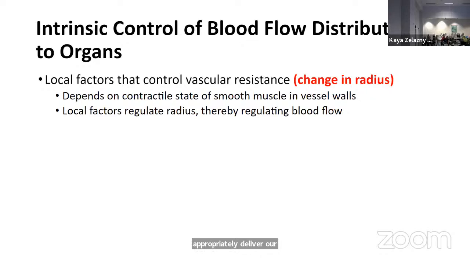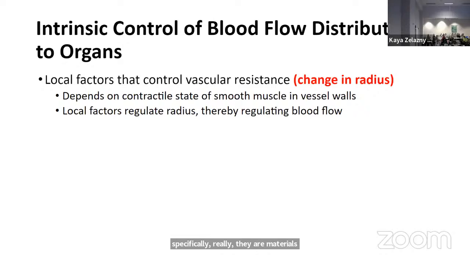So these are, in part, really locally controlled factors responding to what the tissue surrounding them is doing. Okay. So some local factors are going to control the vascular resistance by changing the radius of the blood vessels, specifically really the arterioles.